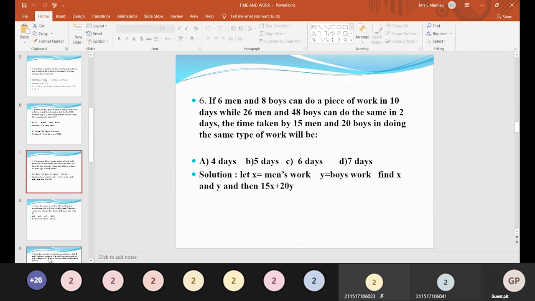Coming to the sixth problem: if 6 men and 8 boys can do a piece of work in 10 days, while 26 men and 48 boys can do it in 2 days, the time taken by 15 men and 20 boys in doing the same type of work will be. See here, this is written in terms of equations: 6x plus 8y is equal to 1 by 10.